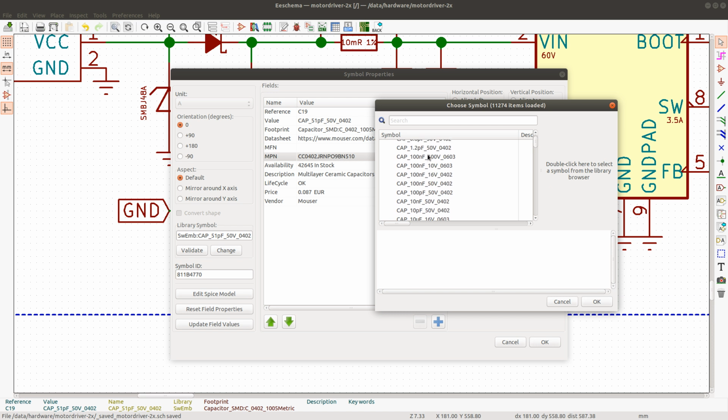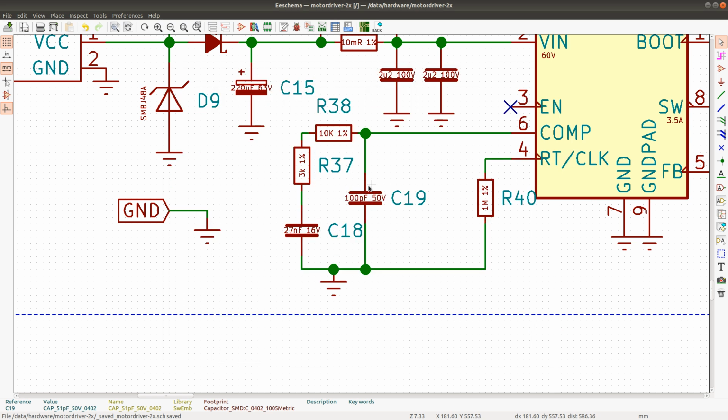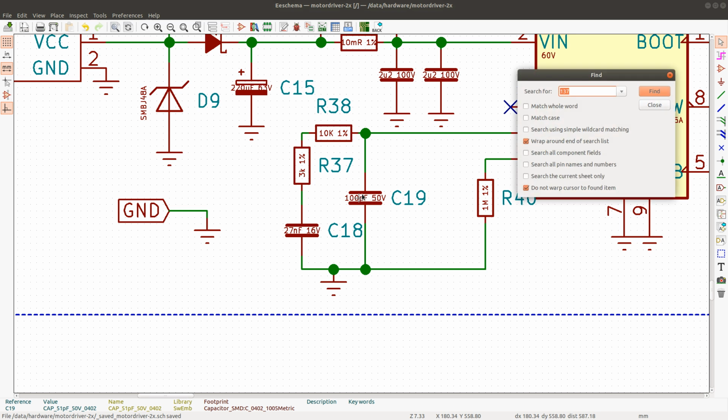Yeah, it would be basically two 100 picofarad capacitors, I think. But I don't think I use them anywhere in this schematic.